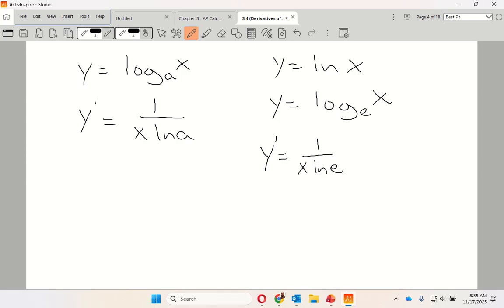Can anyone tell me what ln e is? 1. It's just 1. So it's basically saying times 1. So y prime is equal to 1 over x times 1, which is the same as saying just 1 over x. So again, they're both the same. The ln e just goes away.